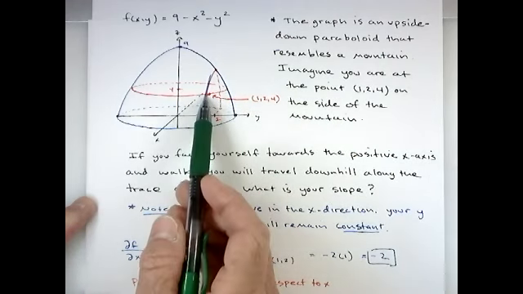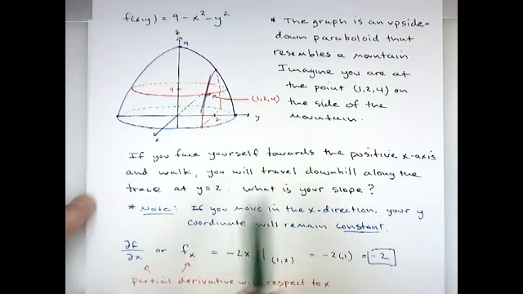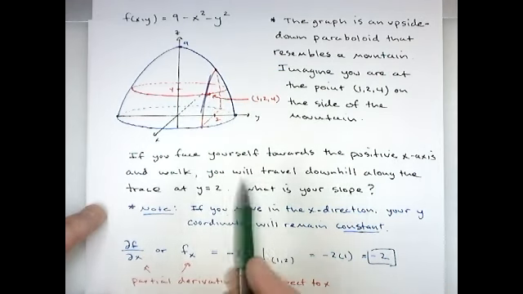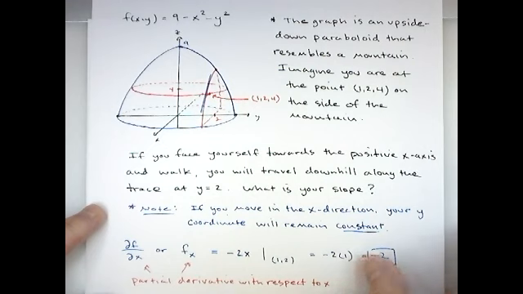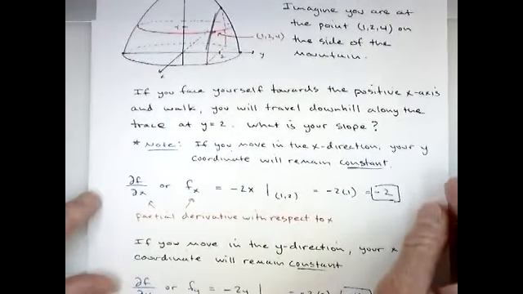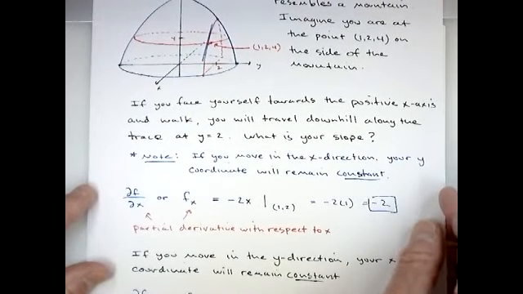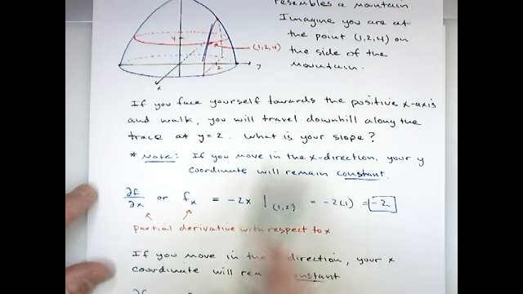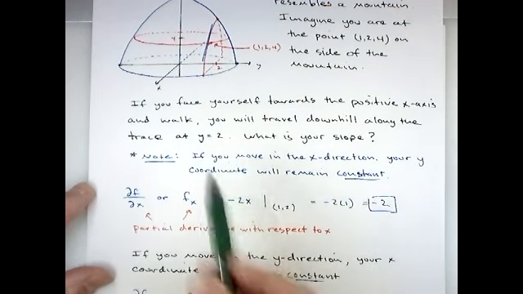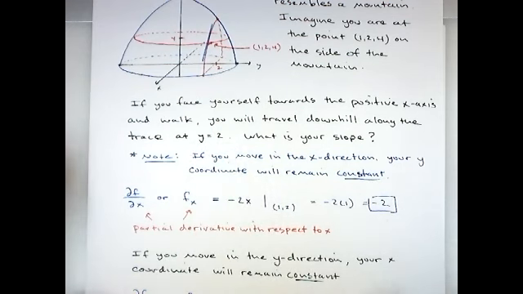You're definitely going to be going downhill. We can tell that from the graph here, okay? Notice when you move in the x direction along that parabola, your y coordinate will stay constant. It's going to stay at y equals 2 because you're moving along that cross section.